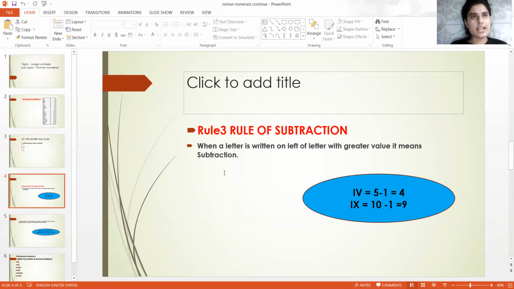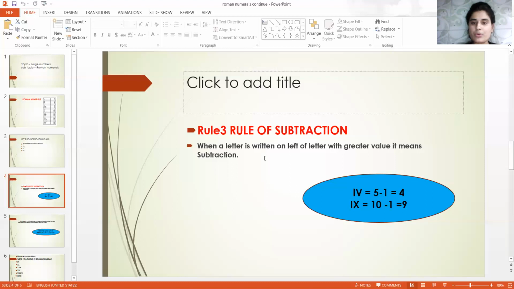Means if the letter is repeated, we apply the first rule, and if we have the greater symbol on the left side and the smaller symbol on the right side, then we apply the rule of addition. Next rule is the rule of subtraction.